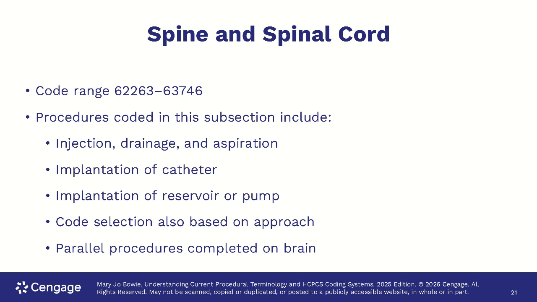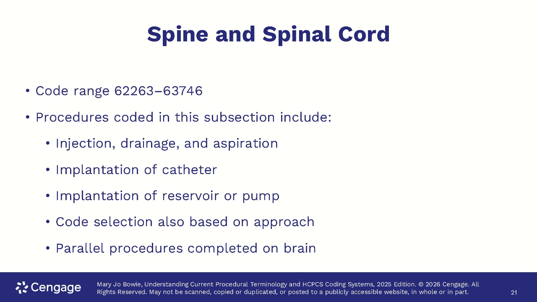All right, moving right along to the spine and spinal cord. These codes begin at 62263. Now, before you even look at those codes, you need to read the extensive instructional notes that are at the beginning of this area. The codes themselves, it's a lot going on. Injection, drainage, aspiration, catheter implantation, reservoir pump implantation, endoscopic decompression.